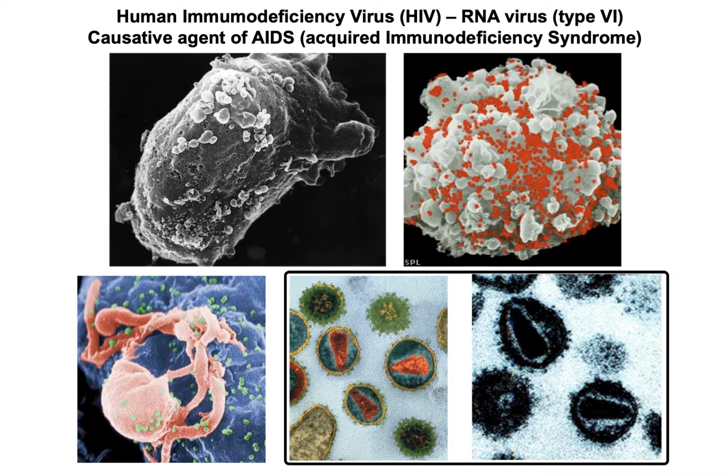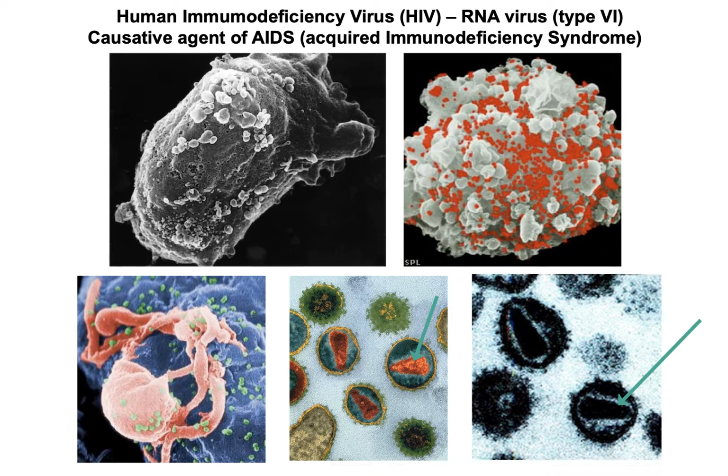And then the transmission electron micrographs show the interior of those viruses. So you can see roughly a spherical particle, and then inside is the capsid of the virus itself, where the RNA and a couple of protein molecules are housed.